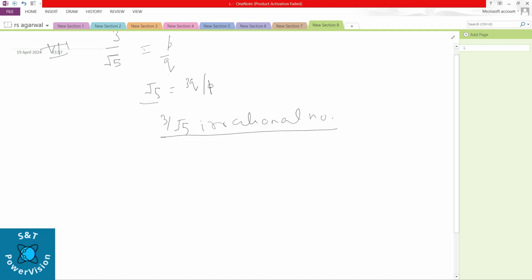Now, the eighth question is 2 minus 3 root 5. We have to show this is an irrational number. Assume that this is a rational number. Means we subtract an irrational number from a rational number, so this is also an irrational number. We'll show how.